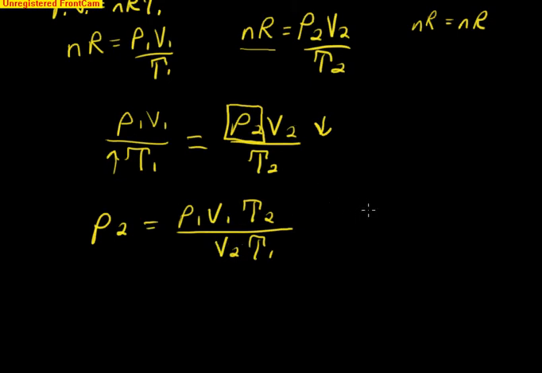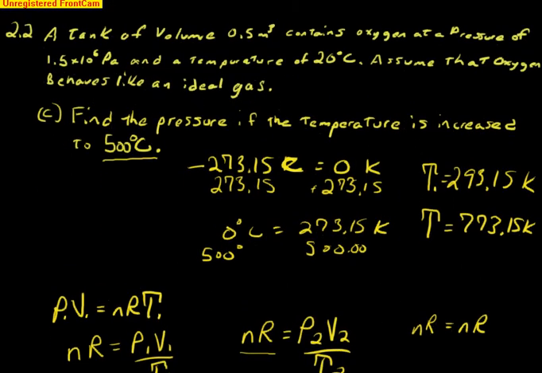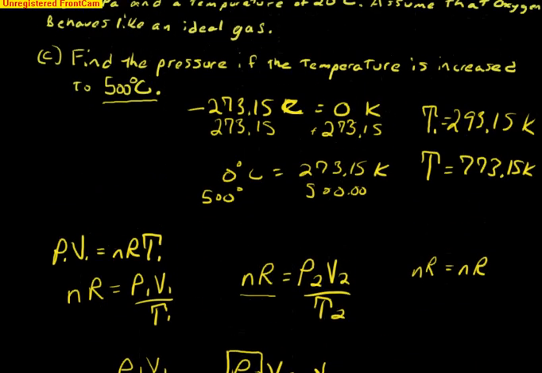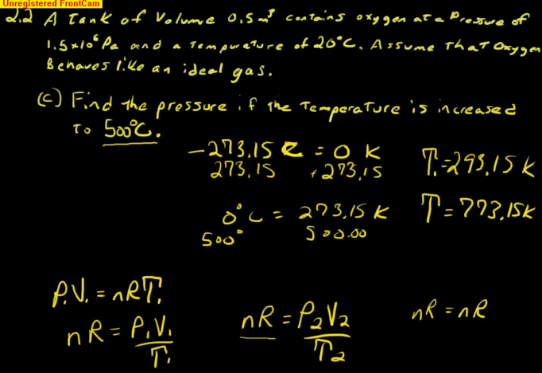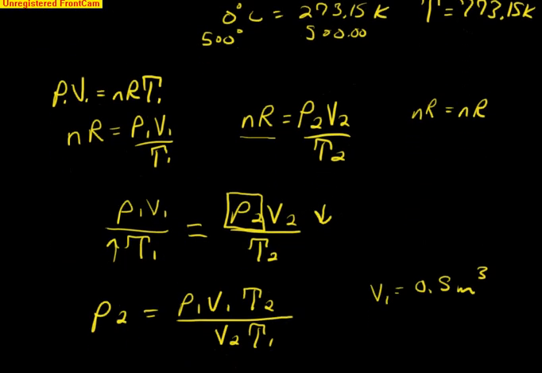Well, looking at our volume, what is our volume? Our volume from the top, V1, was 0.5 meters cubed. What is our volume going to be at the end of this? We're raising the temperature, but as you read right here, this comes from a tank of volume 0.5 meters cubed.